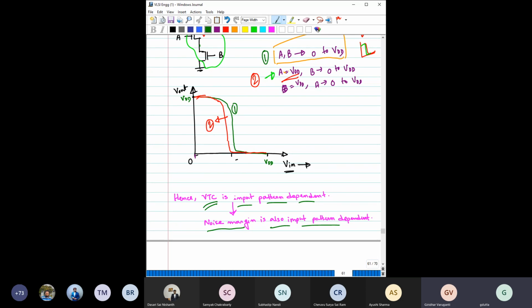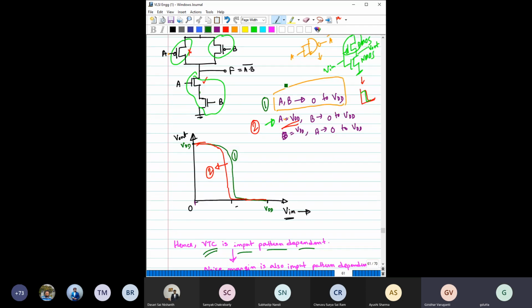But for a two input NAND gate, NOR gate, or any other multiple input gates, you will find its VTC is dependent on the input patterns, how the inputs are changing. And if the VTC is dependent on the input pattern, then definitely the noise margin is also dependent on the input pattern. So if you are considering only one case when designing the noise margin, then probably you might not be doing the correct thing. You should consider what is going to happen for different combinations of input patterns.